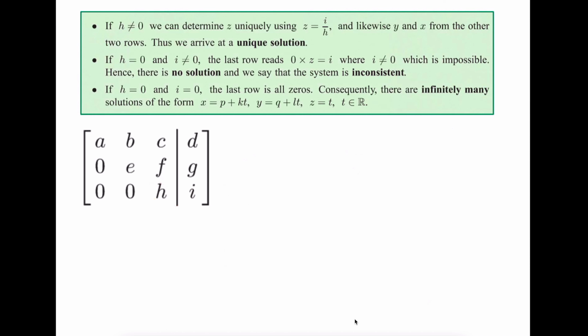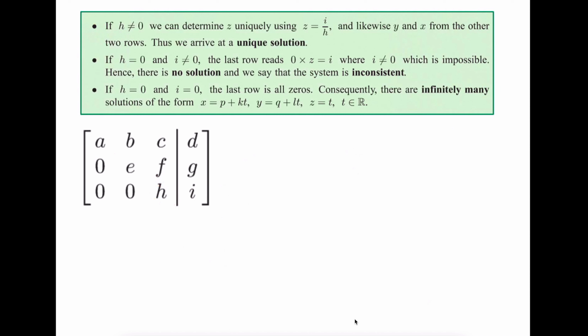It must be a unique value, a singular value. And that means if that's unique, then once we've worked out what z is, we can plug it in and work out what y is and plug that in. Then once we know what y is, plug it in to get x. So in that first dot point, it's saying if the h value is not 0, then there must be a unique solution, a unique set of x, y, z that solves that set of equations.